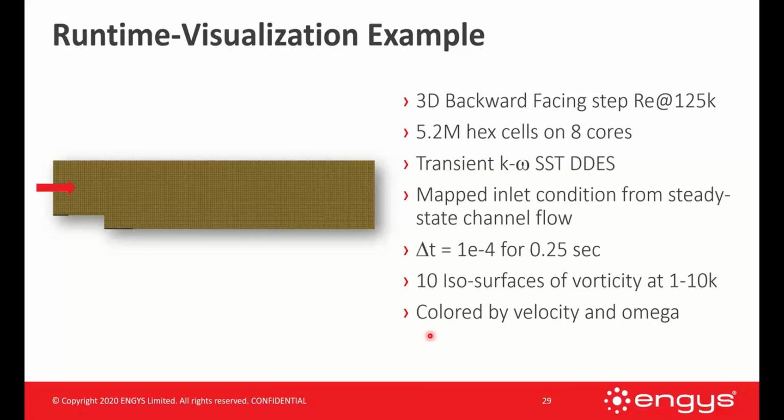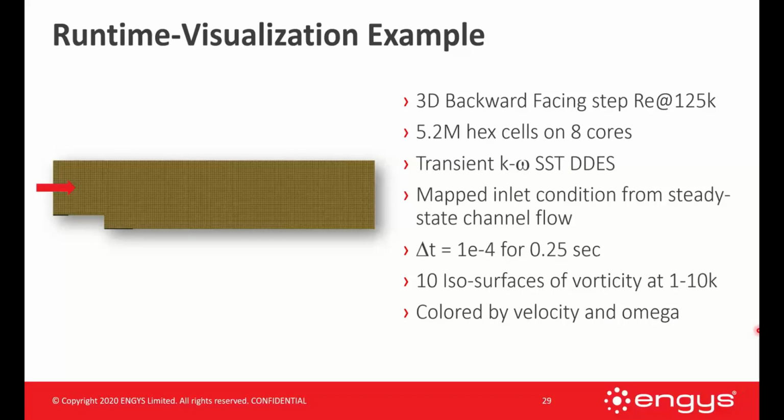This case was a 3D backward facing step at a Reynolds number of 125,000. Here we have 5.2 million cells, on 8 cores. It's using a transient K omega SST DDES model. There's a mapped inlet condition from a steady state flow.